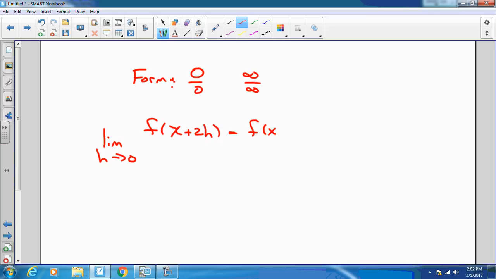Sometimes we end up having to evaluate expressions like this. And I call expressions like this derivative-like expressions.